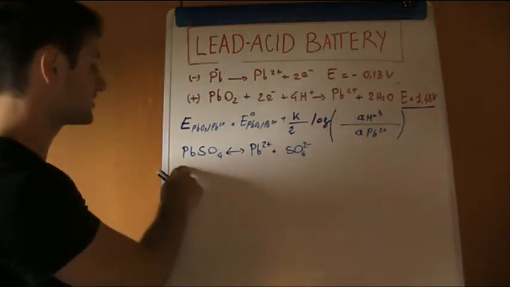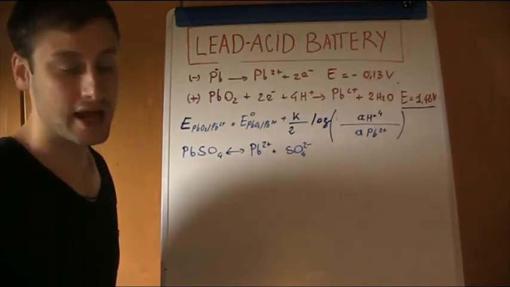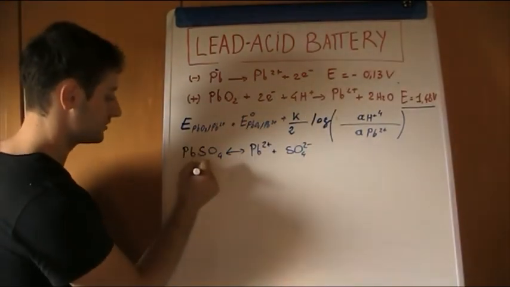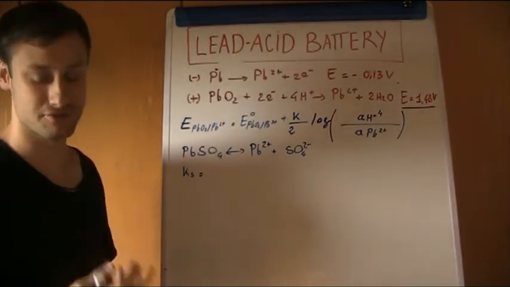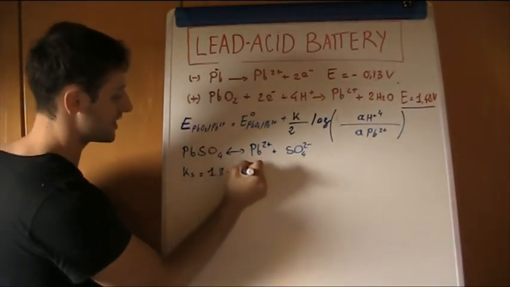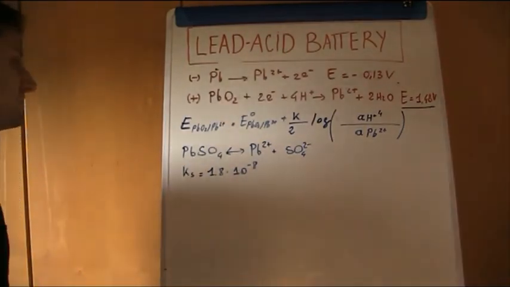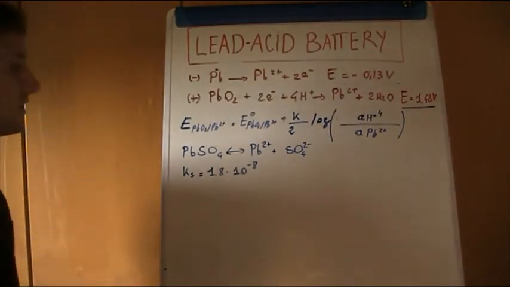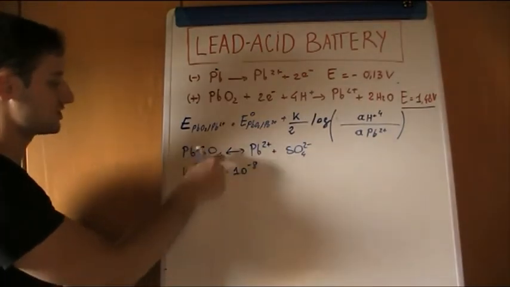Obviously, since this is a really poorly soluble salt, the solubility constant is really small and is equal to around 1.8 times 10 to the minus 8. What does it mean? That the solubility is extremely low. This equilibrium is shifted a lot here.